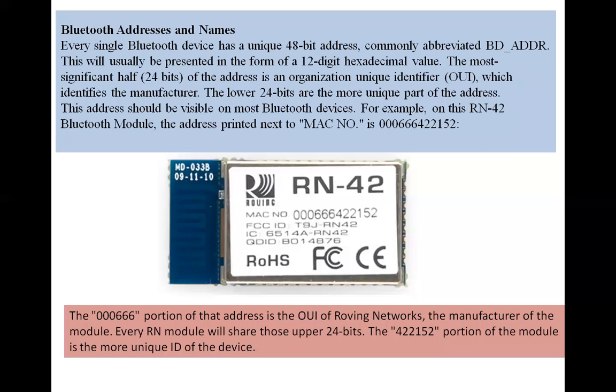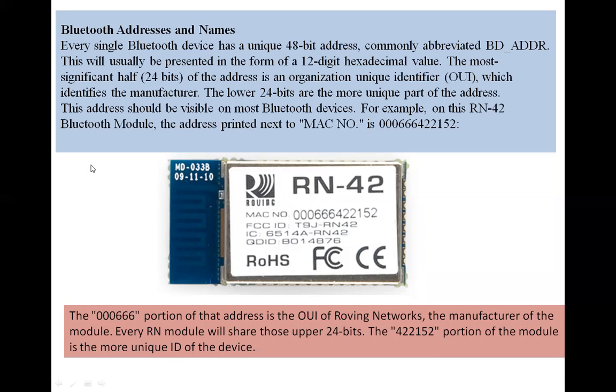Now I am explaining what exactly it means. Here a picture is shown in which something is written like MAC number, FCC ID, IC, all these things, that I am telling you here, why and what is its purpose.